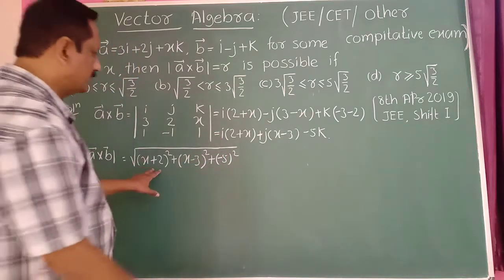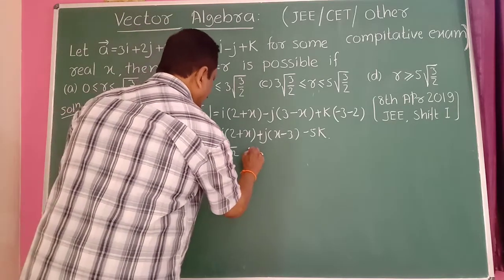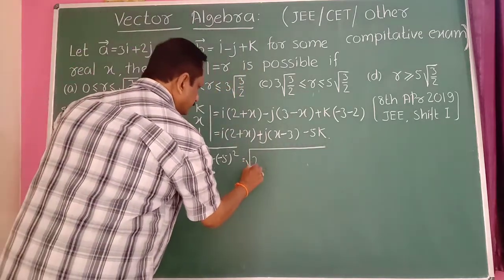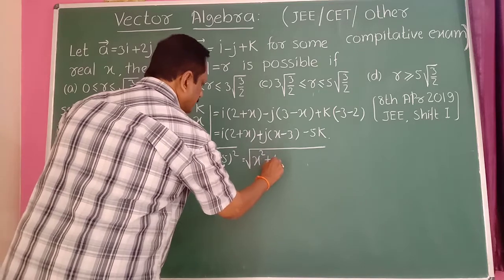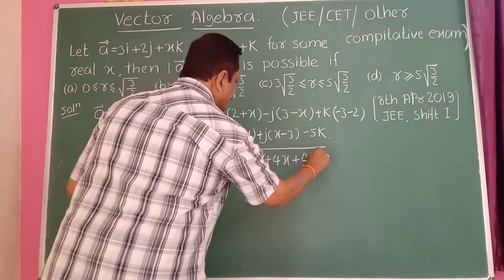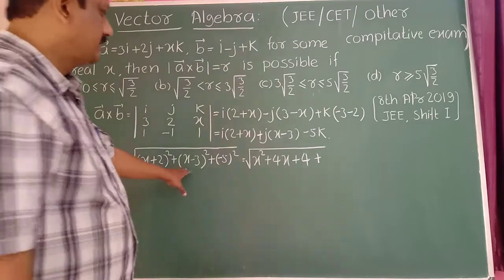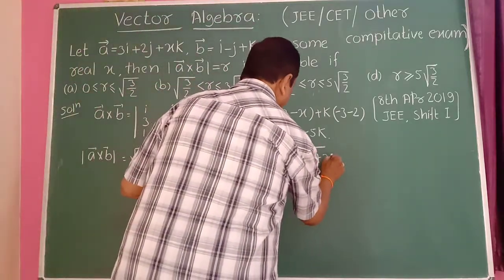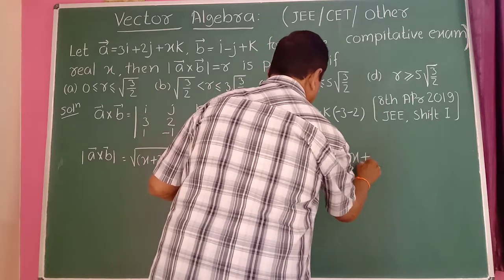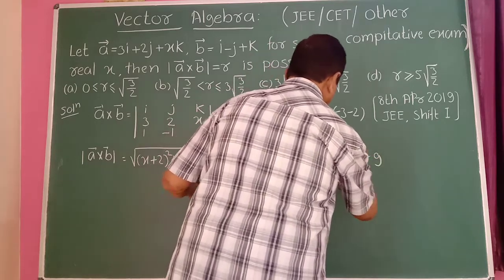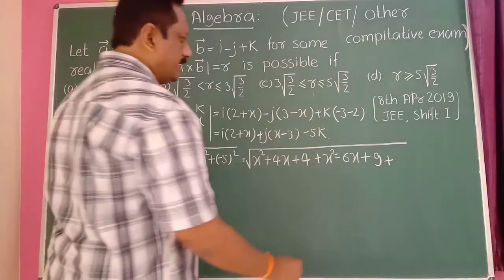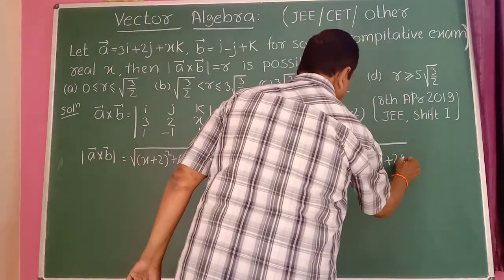Then x plus 2 whole square is given by root of, okay, x square plus 4x plus 4 here. Then plus x minus 3 whole square is x square minus 6x plus 9. Then plus 5 square is 25. So right here plus 25.